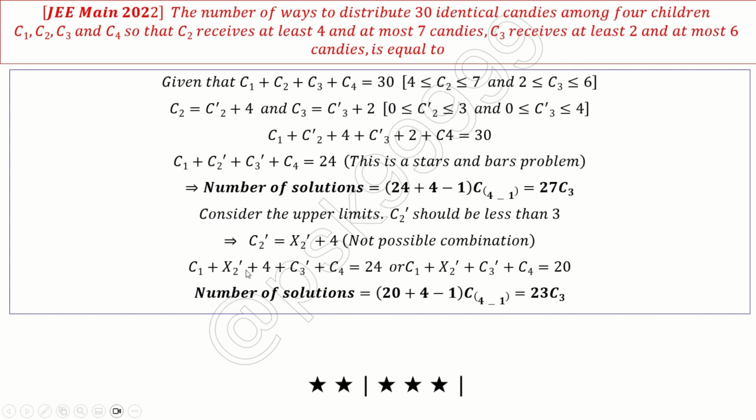Remember, if I subtract this one, it does not remove just C2 dash, it actually has some more cases where C3 dash is more than the upper limit also considered here, correct? So we will subtract once again. Though it is a repetition, we will subtract again.